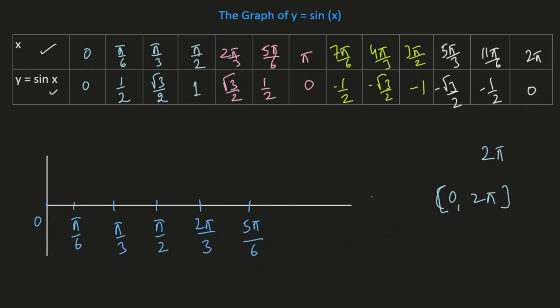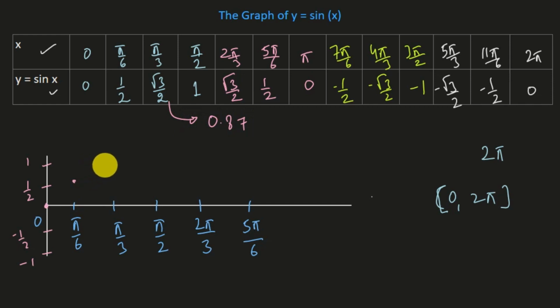Now here when x is 0, y is also 0, so this is the point. Now when x is pi by 6, y is 1 over 2. So here I can take this as 1 over 2, and this is 1, and this is negative 1 over 2, and this is negative 1. So when x is pi by 6, this is 1 over 2. Then when x is pi by 3, this is square root 3 over 2, and square root 3 over 2 is approximately 0.87.